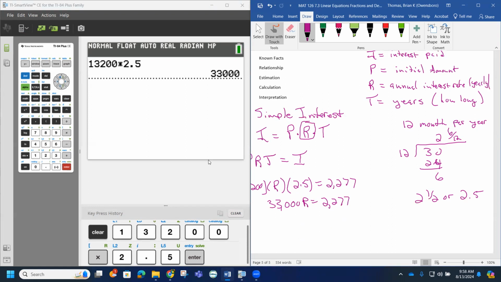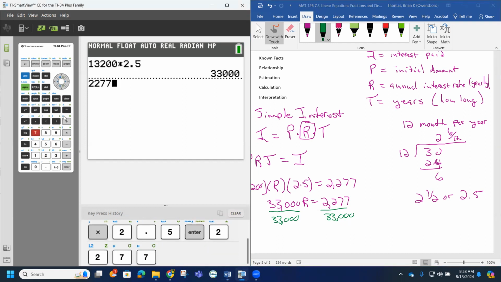Now to find R, the coefficient has to turn into a 1. So I want to divide this by 33,000, as long as I divide over here by 33,000 as well. So to find R, we have 2,277 divided by 33,000.